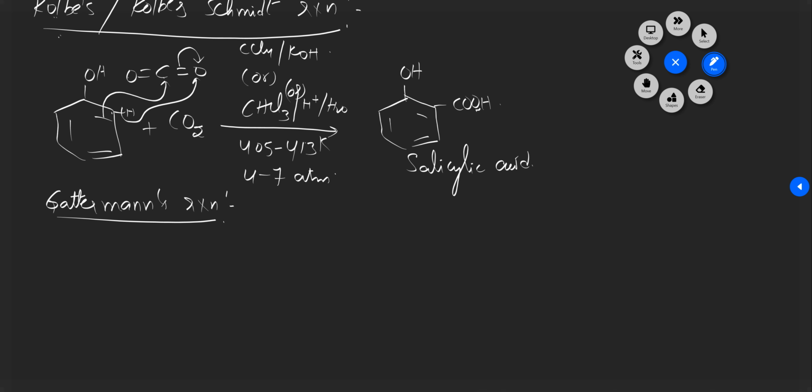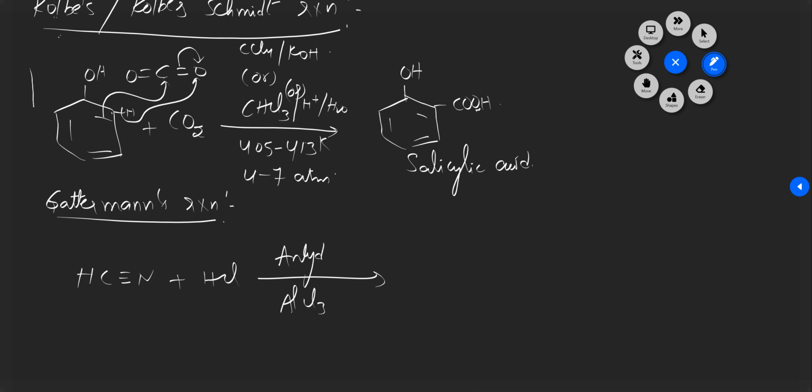So to carry out the Gattermann reaction, we take phenol, which reacts with hydrogen cyanide, HCN, reacting with HCl gas in the presence of anhydrous AlCl3.